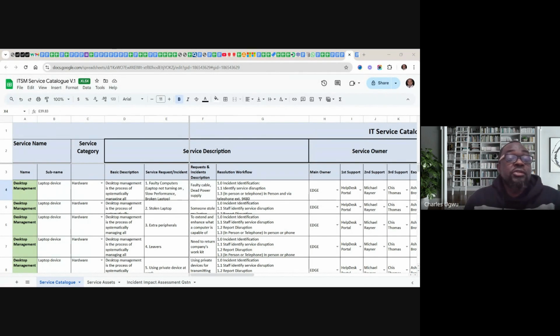So in this case, you see here, desktop management, they will tell you different services they provide. And that is what you're going to capture from the stakeholders, who need to tell you the service name. As a service manager, most of the time you do this, but it is not done alone by the service manager.